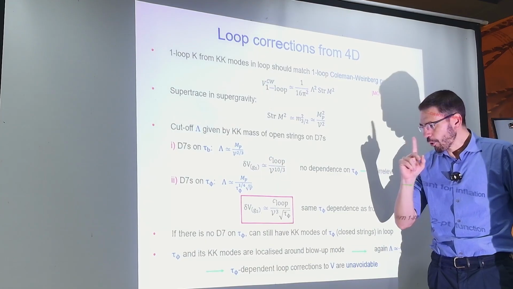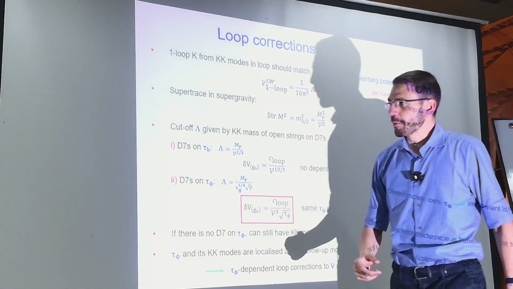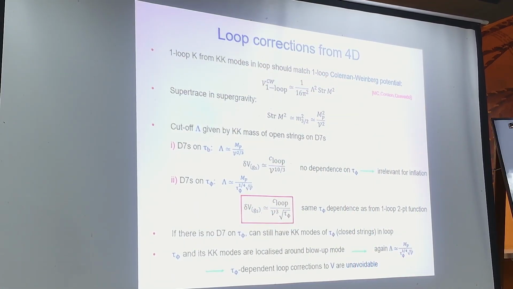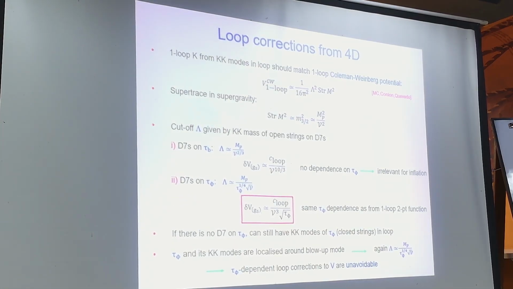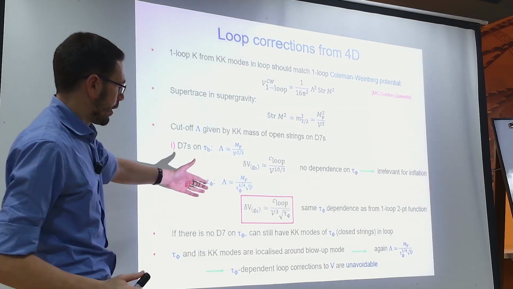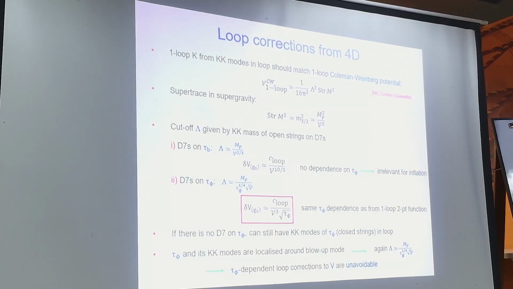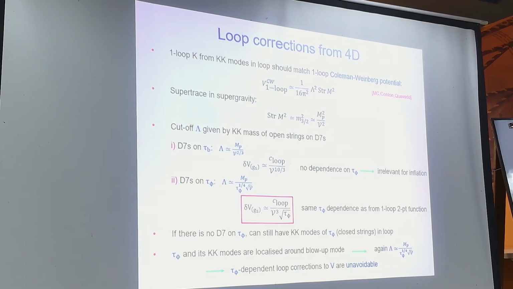Now, one more thing that we thought about was, what if there is no D7 brane wrapping this cycle? Could it be that these corrections are not there? Well, still there will be no open string loop corrections, but you could still have closed string loop corrections, where now in the loop you have the KK modes of the closed string itself.